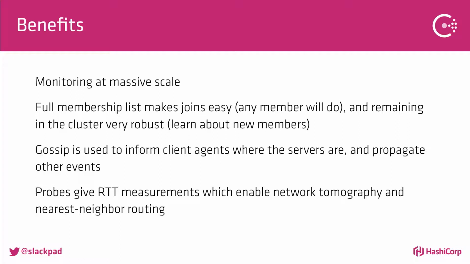And you end up with an 8-dimensional coordinate system with some fudge factors. But you basically get a set of coordinates that let you perform a calculation and get an estimated round trip time between any nodes that you're interested in. So we'll show an example of this. We won't dig into how it works. But you end up having basically automatic nearest neighbor routing, which is super handy.